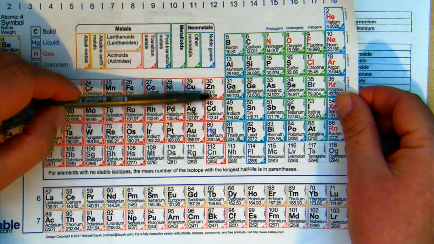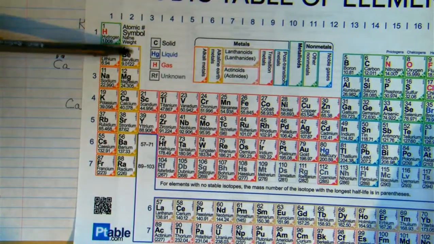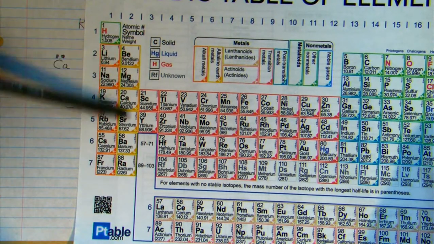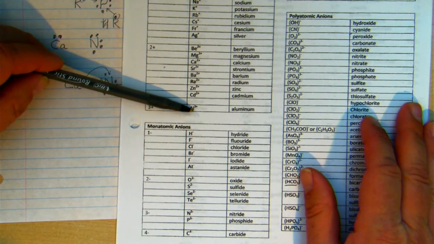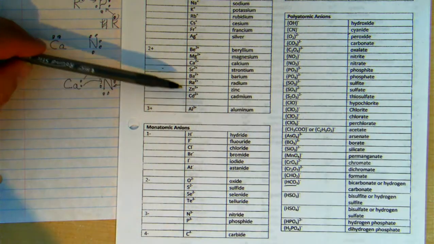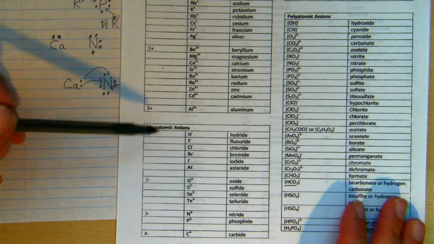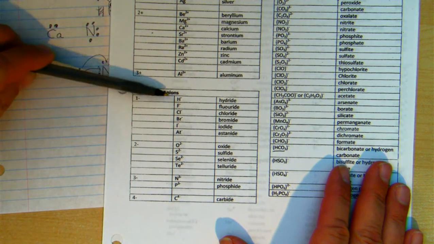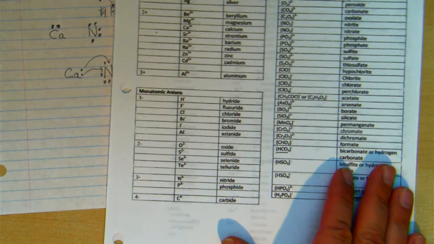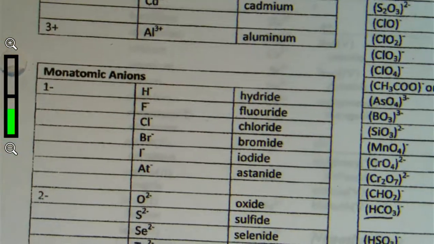These 2 elements, along with the entire second column, are only going to be 2 plus charges. Aluminum, always a 3 plus charge. The anions are the ones that gain electrons to become negatively charged.